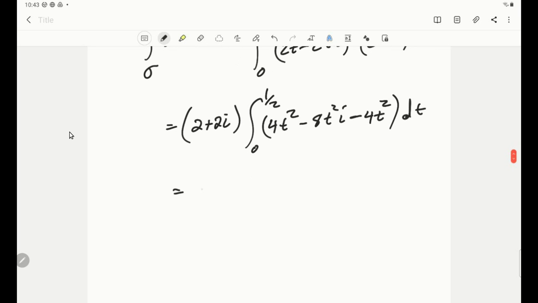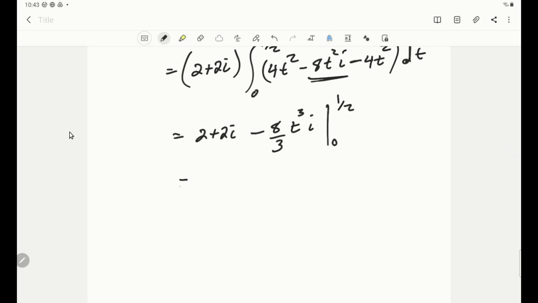And so that's 2 plus 2i, 4t squared minus 4t squared just goes away, and so I'm just integrating that term, and so that is minus 8 thirds t cubed I from 0 to 1/2. Well, at 0, you get 0. So it's just this part.